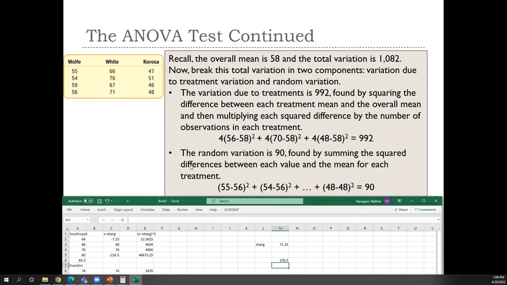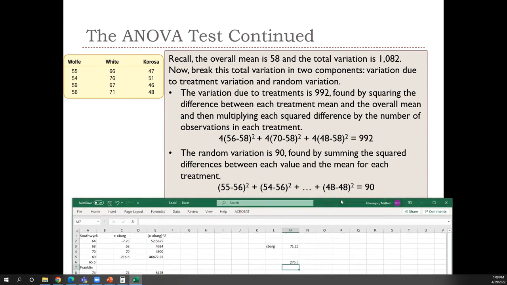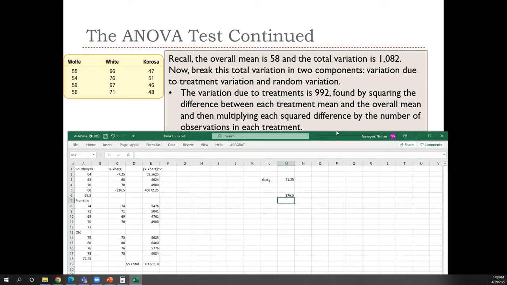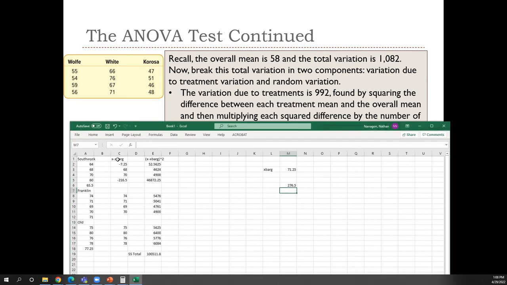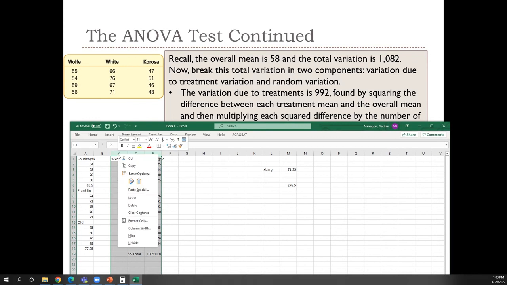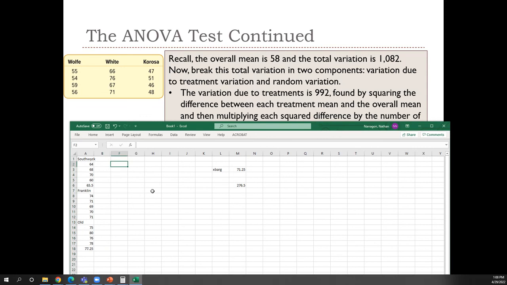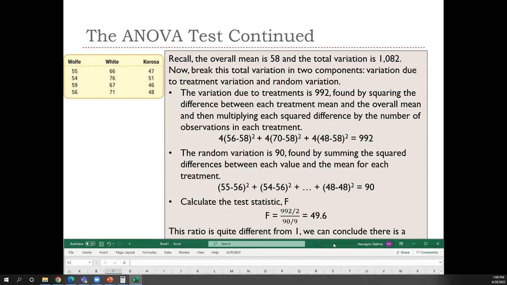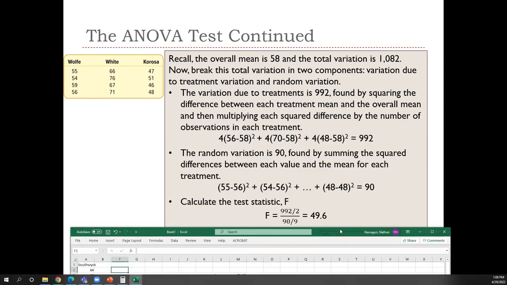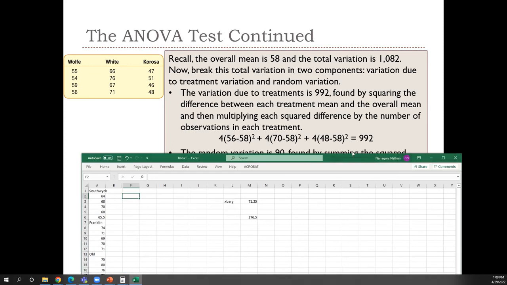Alright, next, the random variation. Okay, this is going to take the difference between each value and the mean for each treatment. So again, basically I'm going to hide these two because I really don't think that was significant for our problem, because we just want to find the F value, and this feels a little bit better way to do it.